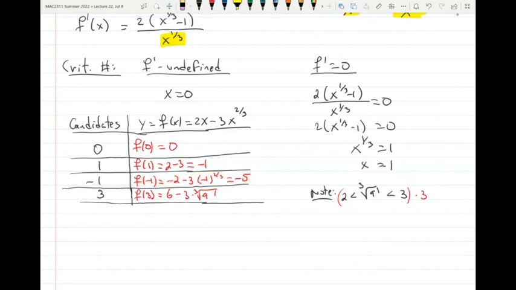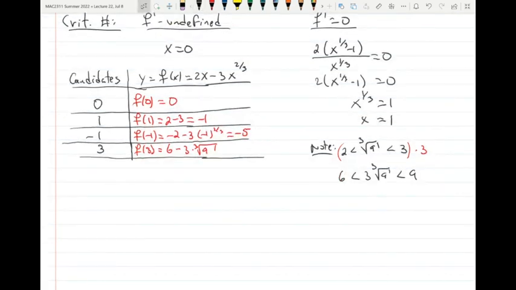Wait, let me not be too quick here because we're not done. Multiplying everything by 3, we get 6 is less than 3 cube root of 9 minus 9. Again, if you just put it in a calculator, you will know. I just want to see what we get here. The point is that this number is bigger than 6, so that means f of 3 is less than 0. Now the question is, is it less than negative 5?